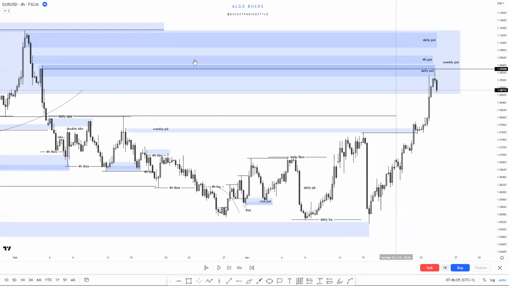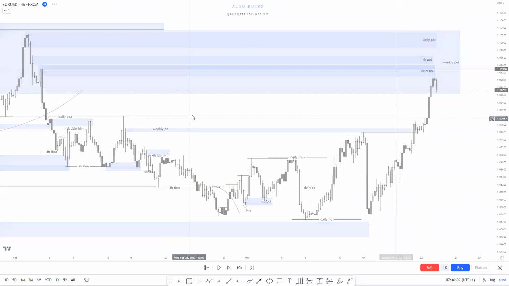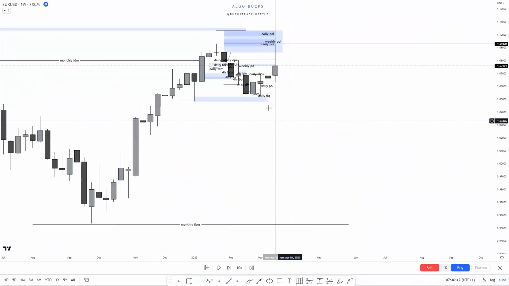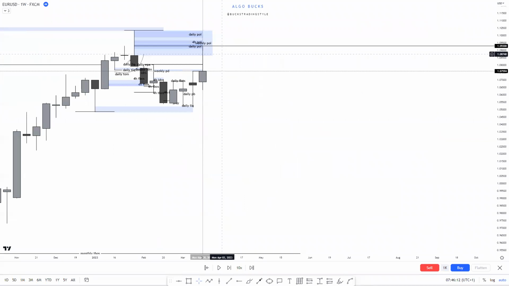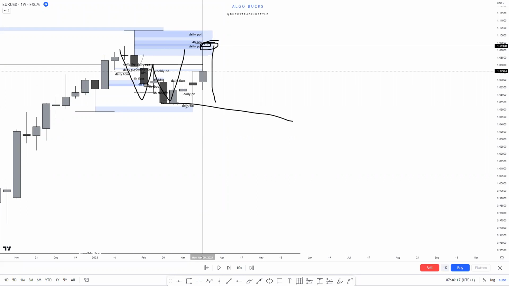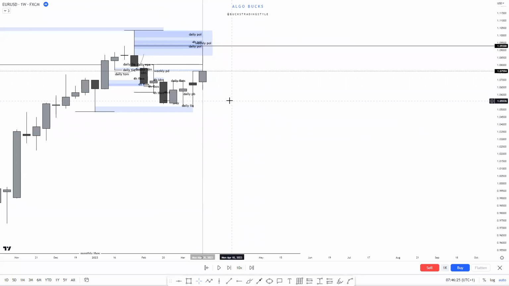Now the weekly price delivery has tapped into the weekly POI right here. Now I want to see price come to this low right here to take out the lows. That's what we want to see. Now let's go back to the 4 hours.